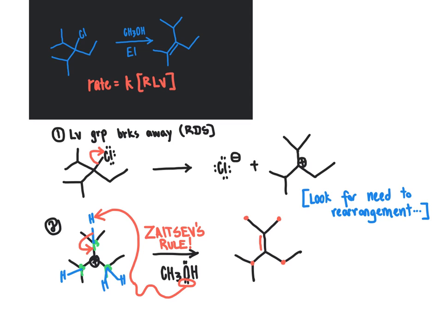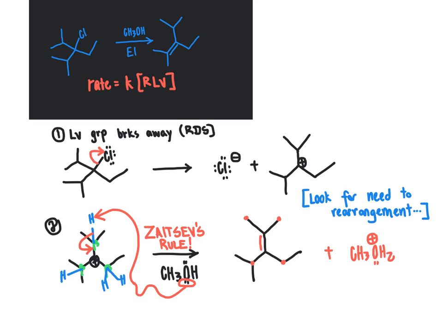We've got 4, can't ask for any more. And the other product of this reaction step would be our CH3OH2 with a positive formal charge on the oxygen. We would describe that as our conjugate acid because our base, CH3OH, grabbed a proton to become that conjugate acid product of this step. So that's going to be step 2, our final step of the mechanism.